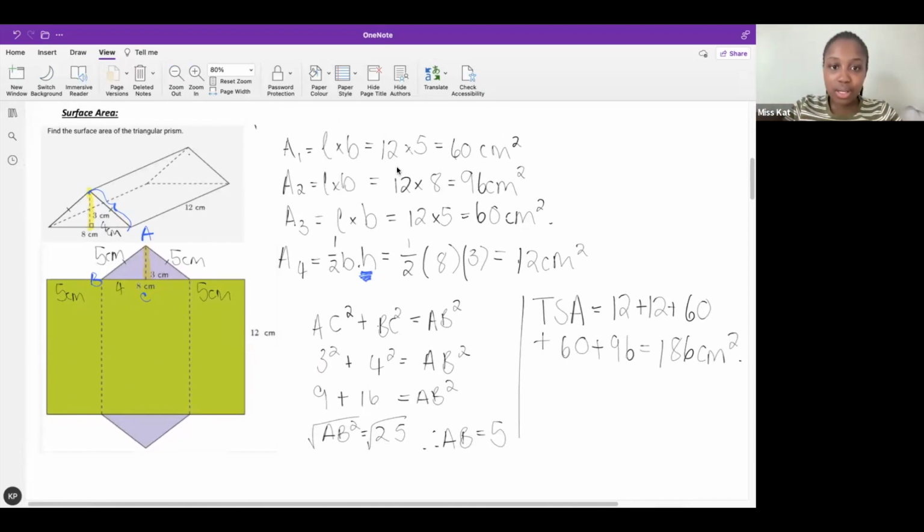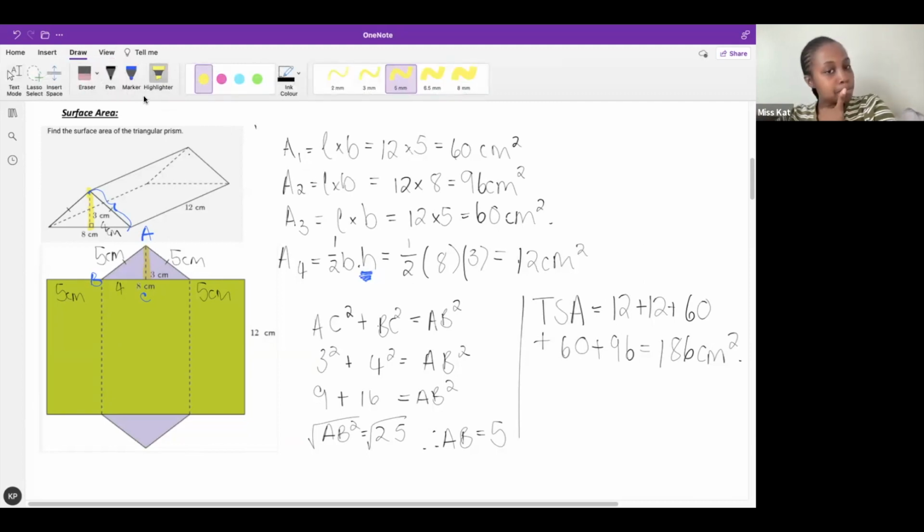Tando? Yes, Tando. Hello, ma'am. Hello. I wanted to ask, when you were talking about the total area, didn't we have to multiply the other triangle by 2? Because the area of the first side is 12 centimeters, don't we need to multiply it by 2 for both?